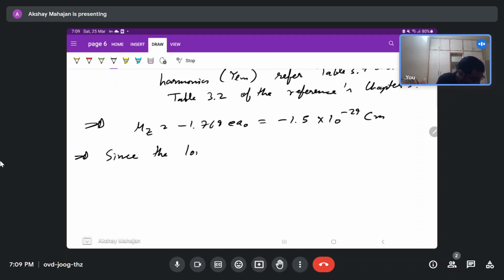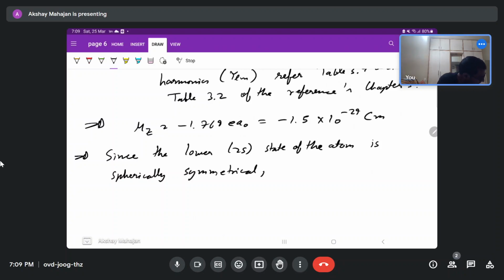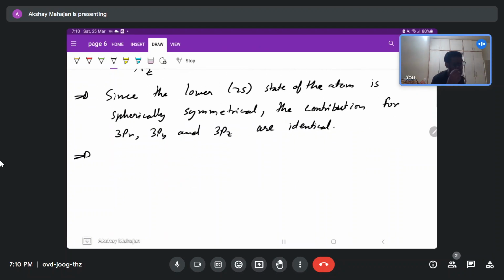Since our 2s orbital is spherically symmetrical, the contributions from 3px, 3py and 3pz are identical.